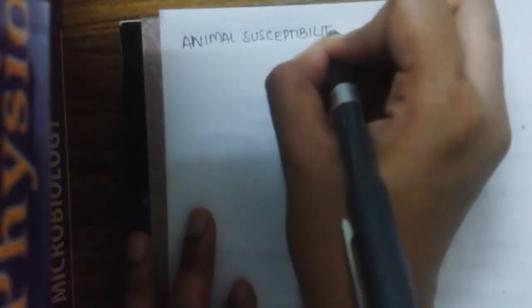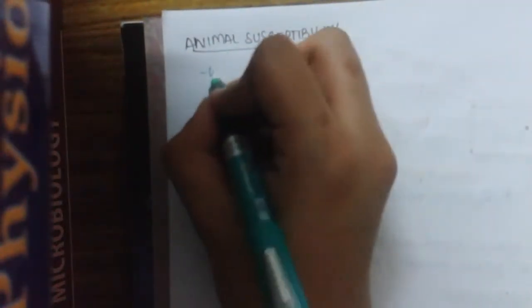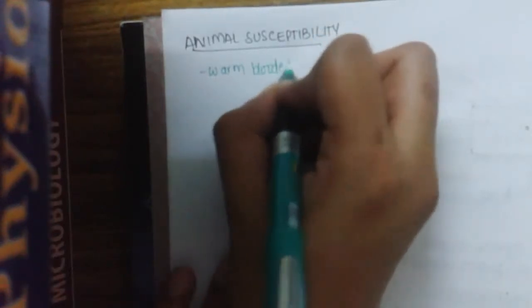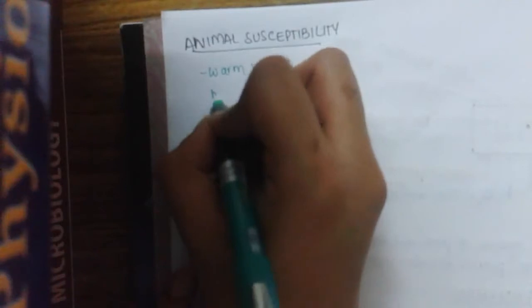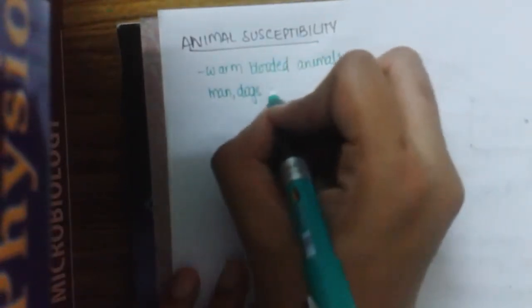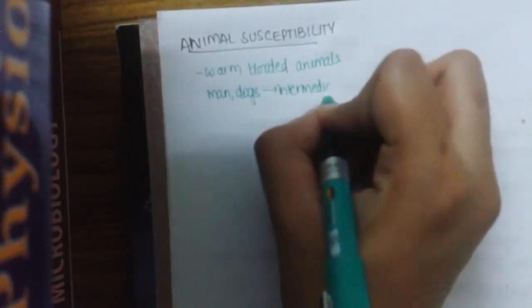First, let us learn the animal susceptibility of rabies virus. Rabies virus mostly grows in warm-blooded animals, mainly man and dogs. These both are mainly intermediate hosts for rabies virus.